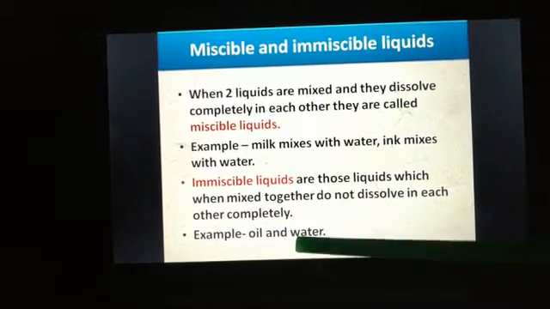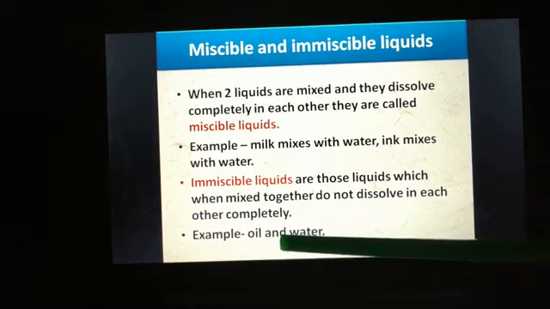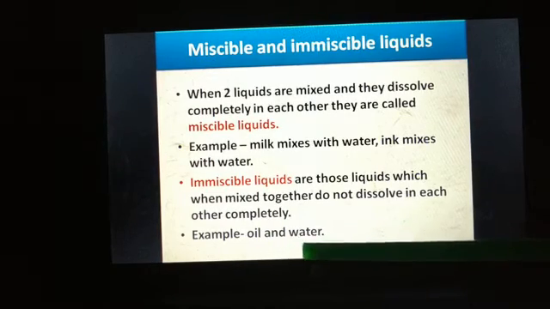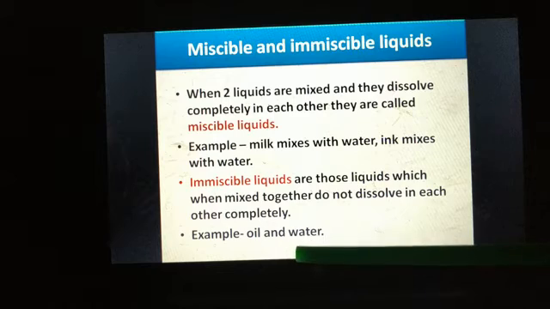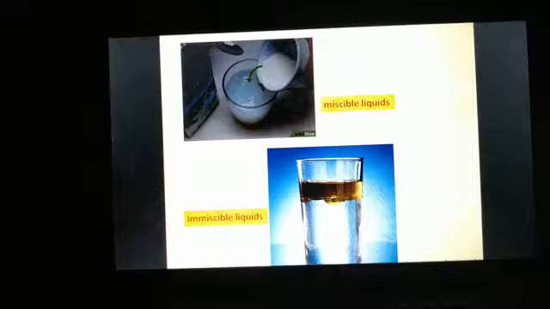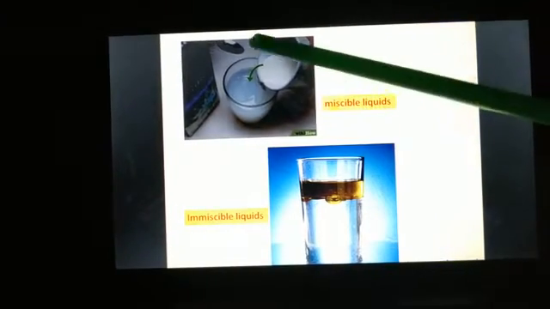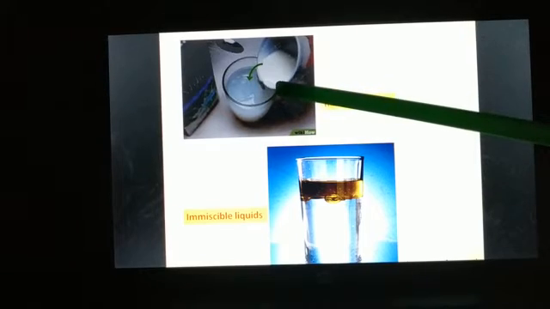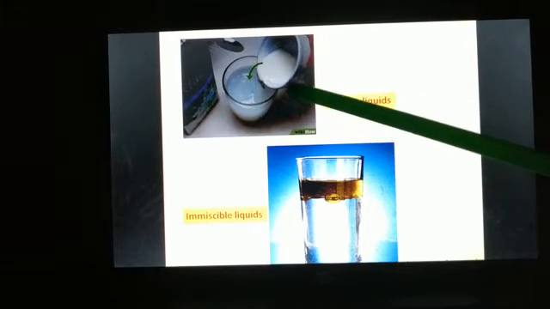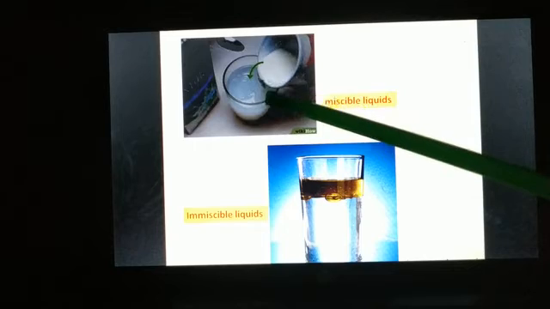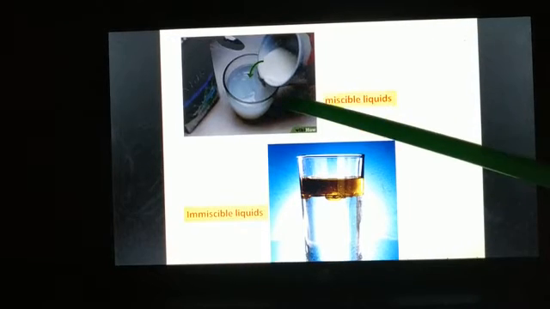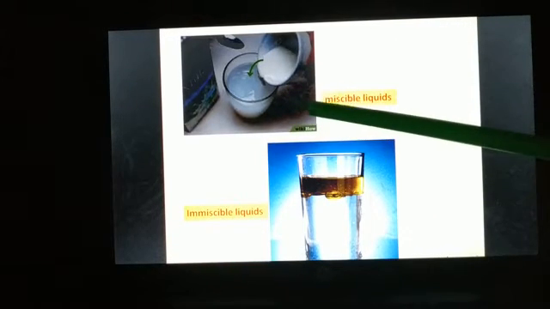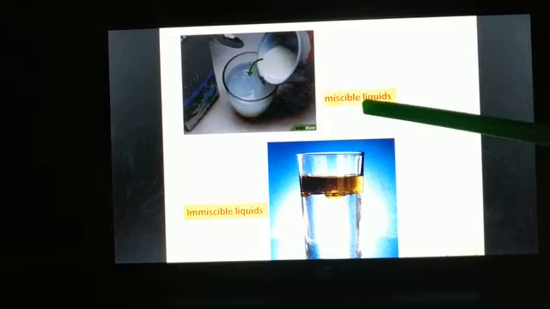So there we can make out that oil and water both are separated. They are not mixed. See here. In the first example, we have added milk to water and milk and water get completely dissolved, so we call it miscible liquid.